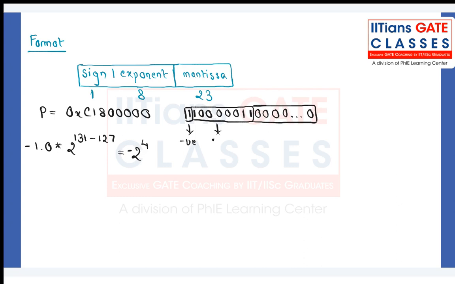Fine. So for the next number, I hope you understood, right? I just mapped it and then calculated it. For the next number, Q is 0x 3F5C2EF4. So you just have to put it again here.